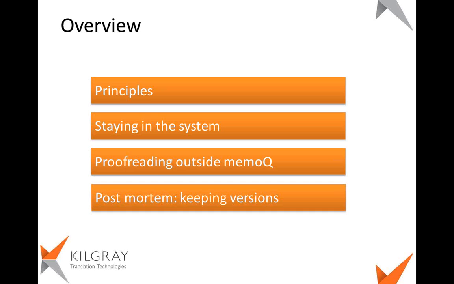And I'm going to touch on version control and keeping versions at the end of the presentation. I am talking about the version that is currently available. This is version 4.5 of MemoQ. I'm going to mention features and functionality that is available in version 4.5.